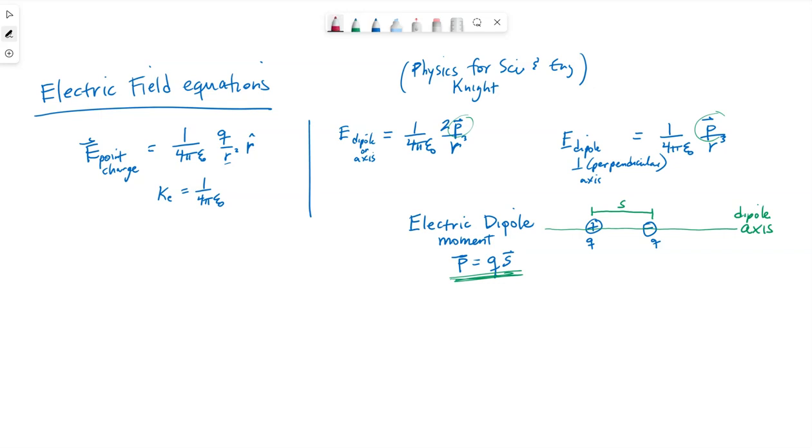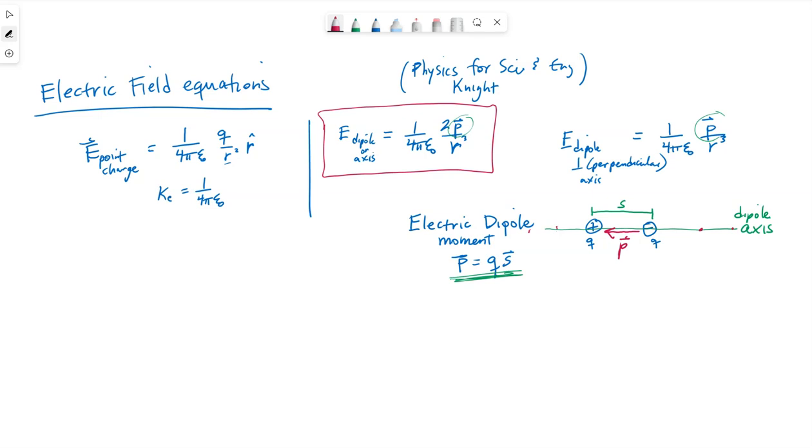The vector p, the dipole moment vector, points from negative towards positive. So this first equation, the dipole on the axis, means somewhere along the axis, either way, left or right.